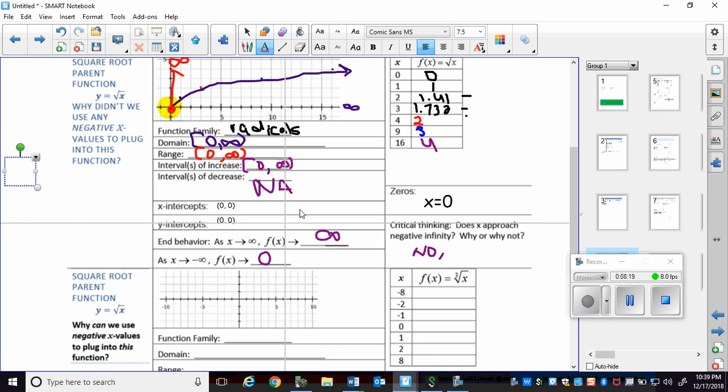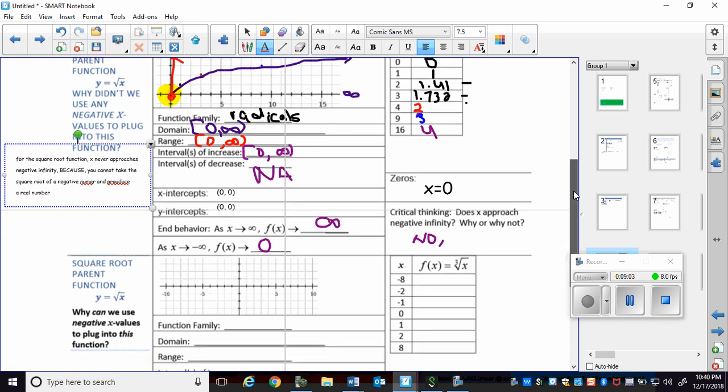Okay, so for the square root function, x never approaches negative infinity because you cannot take the square root of a negative number and produce a real number.